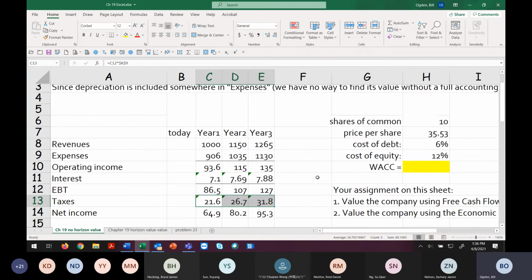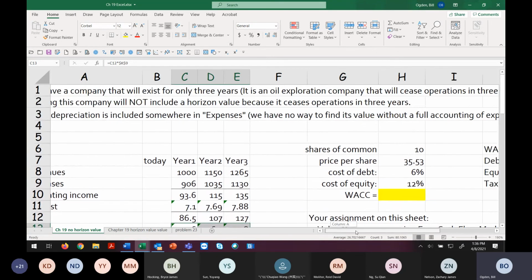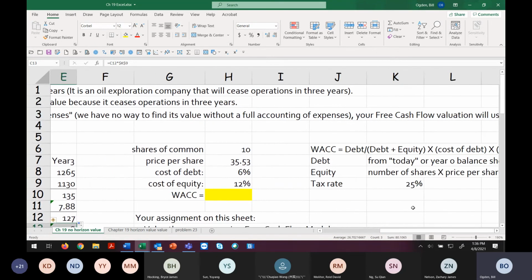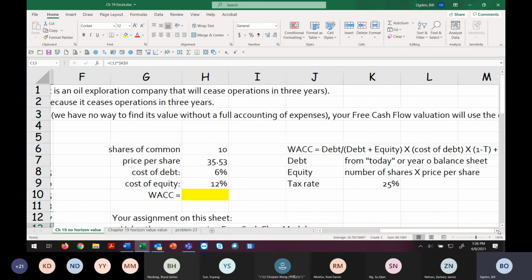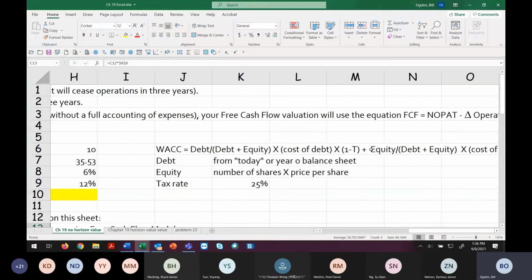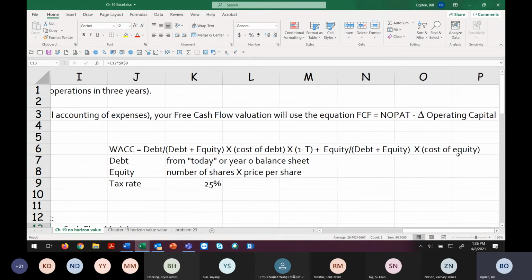Now what you have to do here is calculate the WACC. And you can see it's the same equation we've used previously. Debt to capital times the cost of debt times 1 minus t plus equity to capital times the cost of equity.